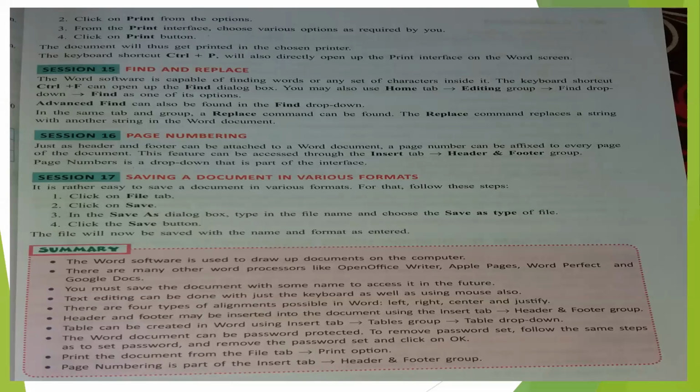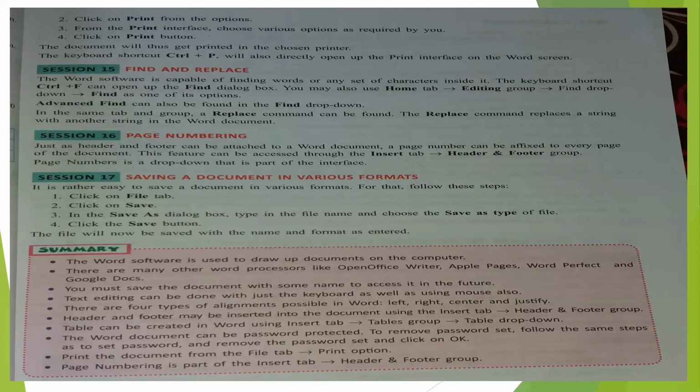In the Editing group you will find Find and Replace, or you can simply press Control plus F. And when I'm saying plus, it doesn't mean you have to literally press the addition key, the plus key. You just have to press Control and then F. When you do this, it will give you a search box where you can write the name which you want to search. It will give you all the occurrences of that particular word in your document, and then you can replace it, right?